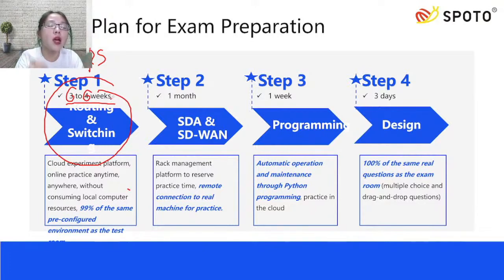Practice anytime, anywhere. When you have completed the first stage, we will verify the quality of your practice, and after confirming that you meet the test standards, you will enter the SDN part, including SDA and SD-WAN.